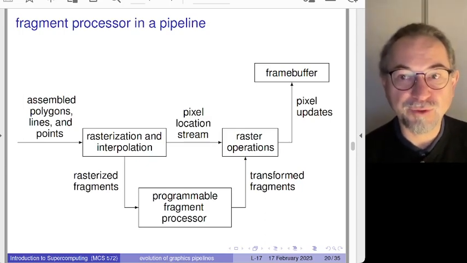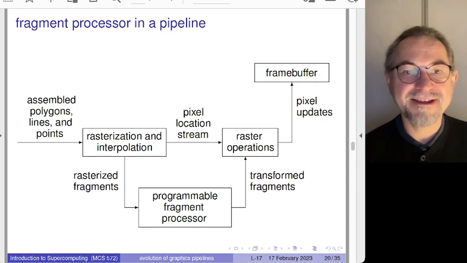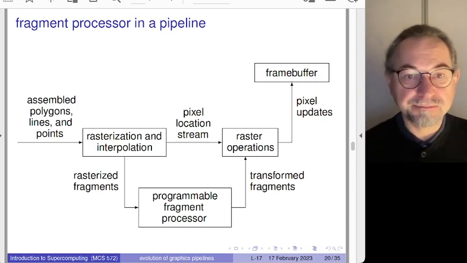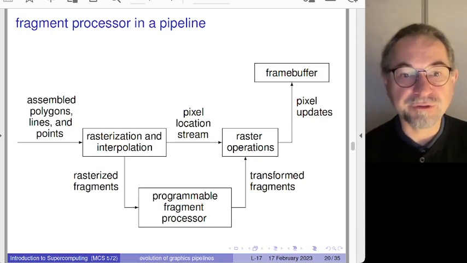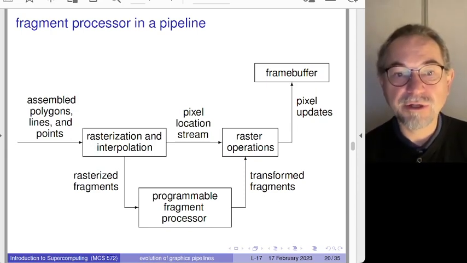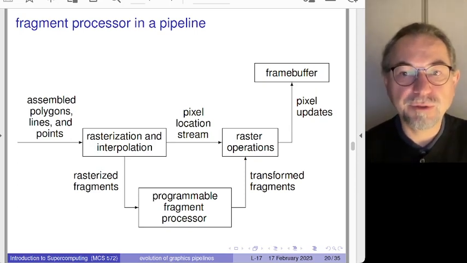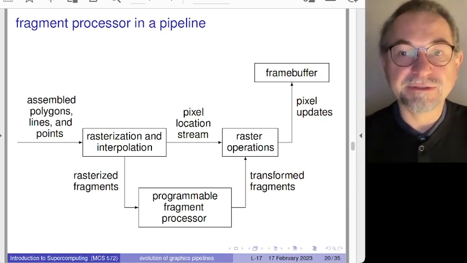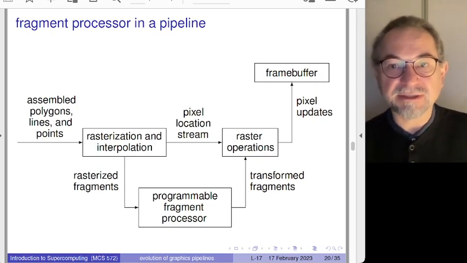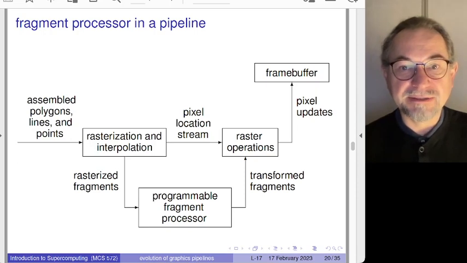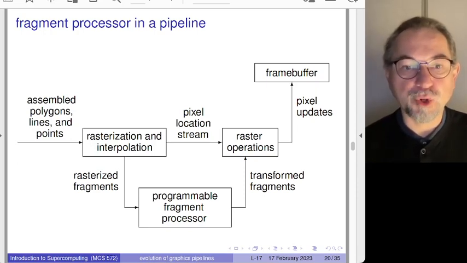I have no knowledge of that here, so that's why I'm still a little bit on shaky ground. But one can program the vertex processor and then also the second stage where one is going to deal with the pixels inside, outside, and on the edges of the triangles. That is then done by the second programmable processor, the fragment processor.